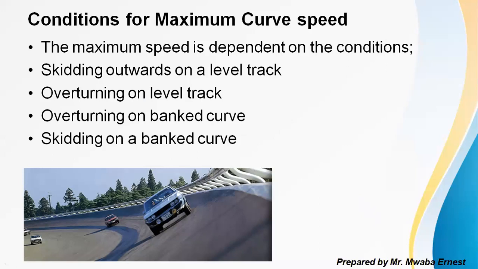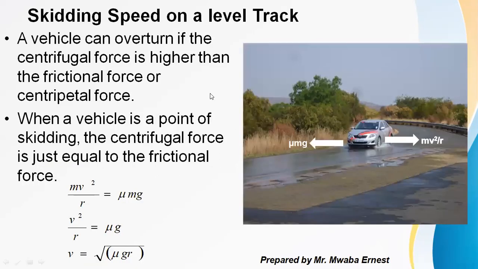One of the most important factors is the height of the center of gravity above the ground, like this vehicle. How high is the center of gravity from the ground there? That is one of the factors that becomes very important. And also, what is the coefficient of friction between the road wheels and the surface? Many more of those.